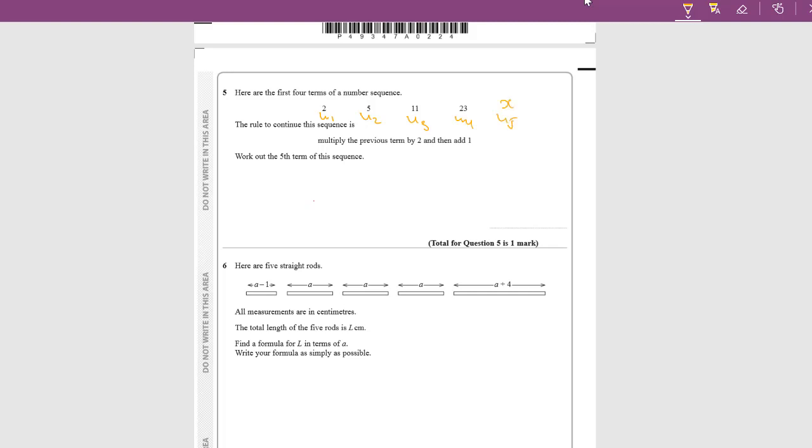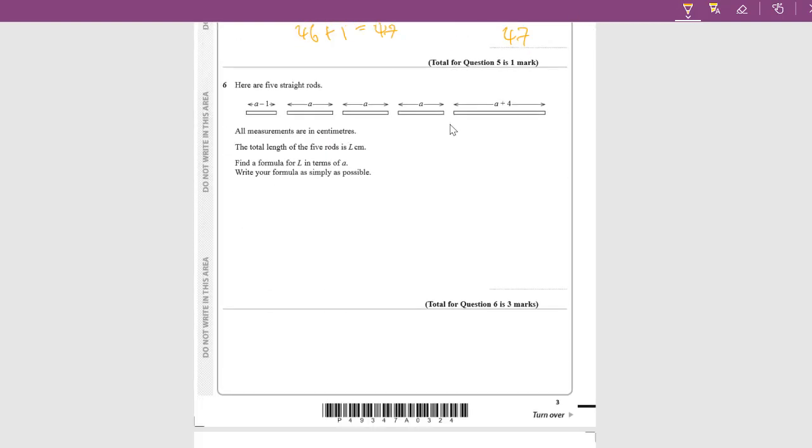We'll just call it X for now. So multiply the previous term, which was 23, by 2, which gives us 46. And then 46 plus 1, which gives us 47. So the answer is going to be 47.